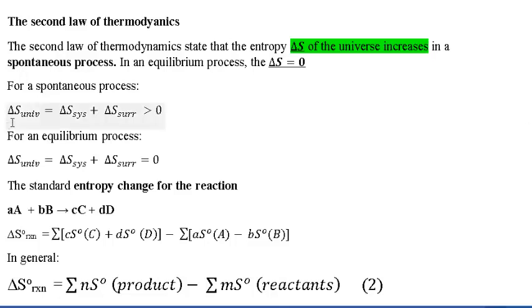For a spontaneous process, the system and surroundings will have an increase in entropy. And for an equilibrium process, it equals 0. For a non-spontaneous process, the system and the surroundings, their entropy contributions will be less than 0. And the entropy of the universe will be positive.